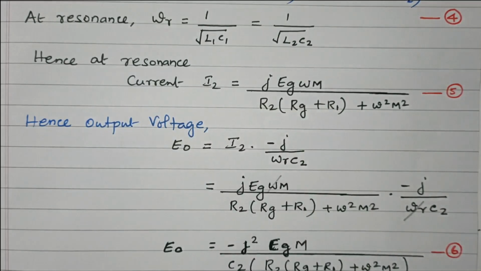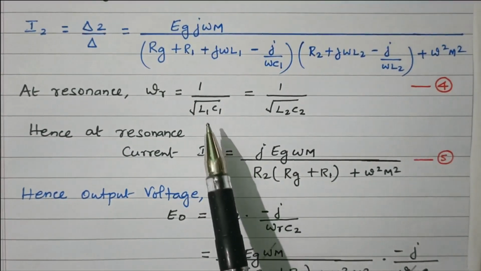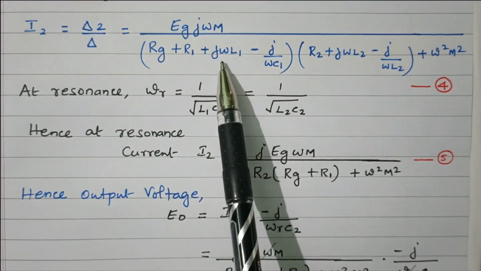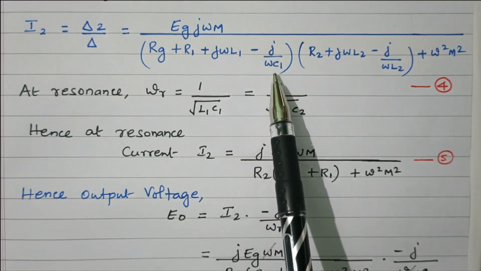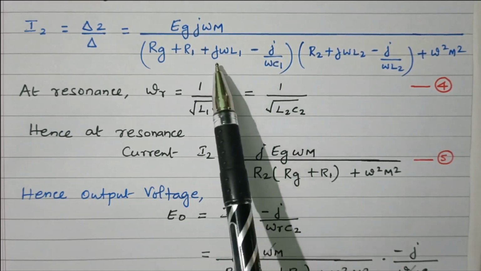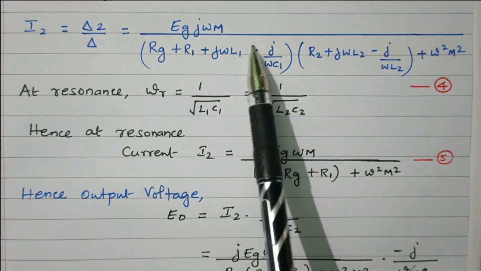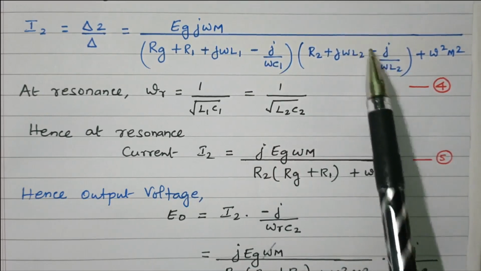What happened here? In equation number 4, at resonance these two are equal. So omega L1 equals 1 divided by omega C1. So that j omega L1 minus j divided by omega C1, this term becomes 0 at resonance. Similarly here also it becomes 0.